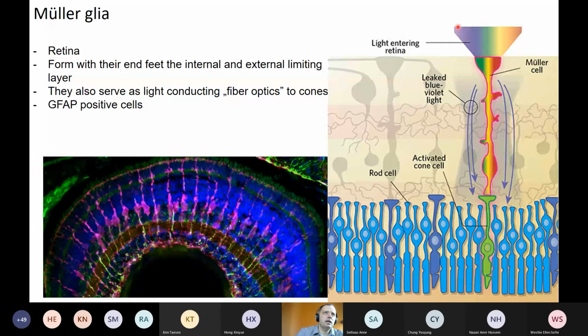The light beam comes into the retina, and you know that the human eye has an inverse retina, which means that the light beam has to cross many layers before it arrives at the actual photoreceptors. Therefore, something has to aid the light conductance, and this is done by the Müller glial cells, because they carry the light towards the cones, and this way the cones can be activated.